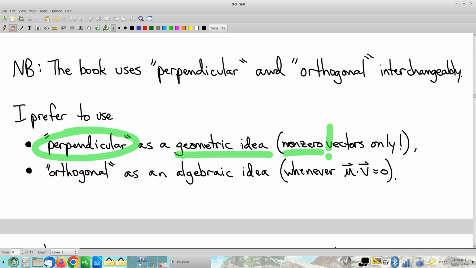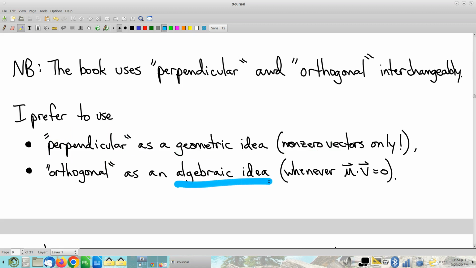Okay, now on the other hand, here's a closely related idea, but that's importantly different. And this is what I like to call an algebraic idea because I'm making a reference here to this equation of a dot product being zero. Purely an algebraic thing. Dot product is defined with a formula. That's algebra, right? Equals zero is algebra, I suppose. So now, closely related, sure, right?